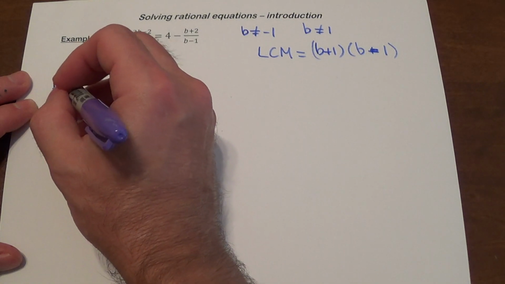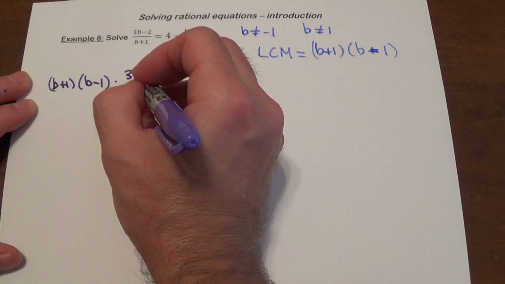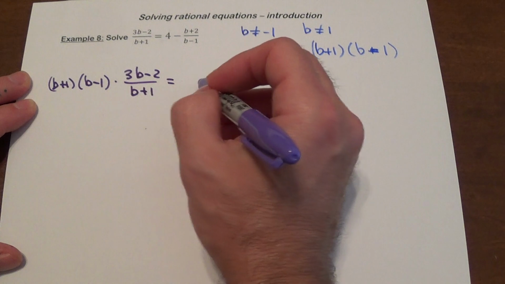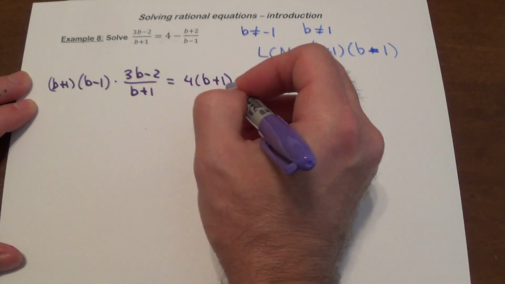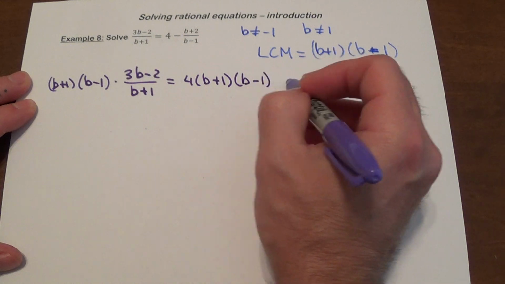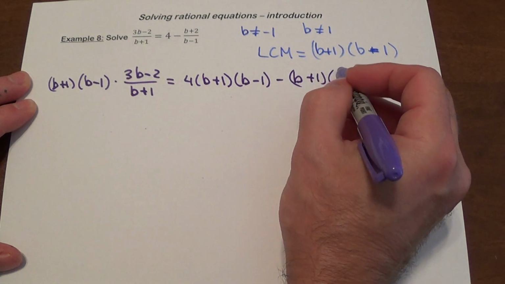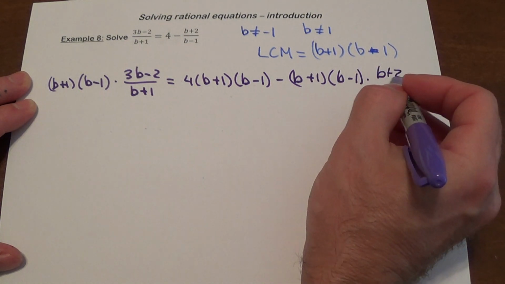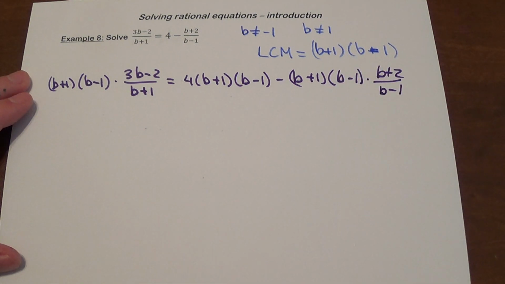So we're gonna have b plus 1 times b minus 1 times 3b minus 2 over b plus 1 equals 4 times b plus 1 times b minus 1 minus b plus 1 times b minus 1 times b plus 2 over b minus 1.